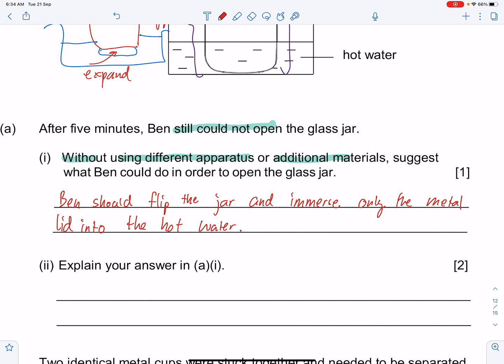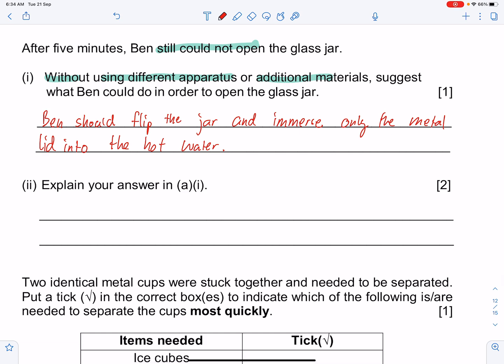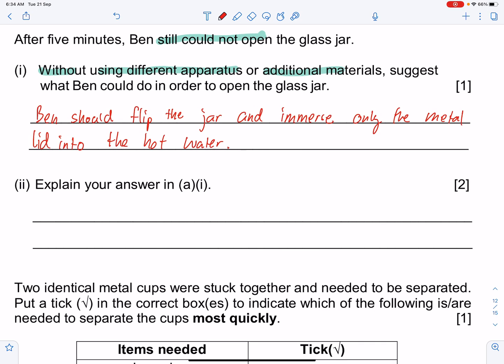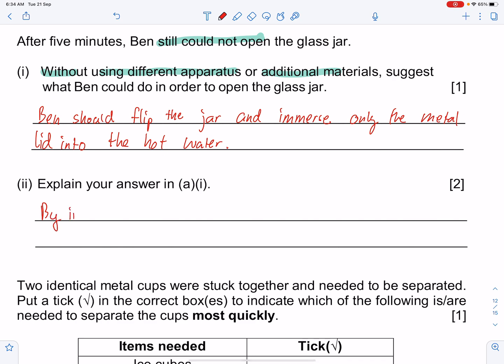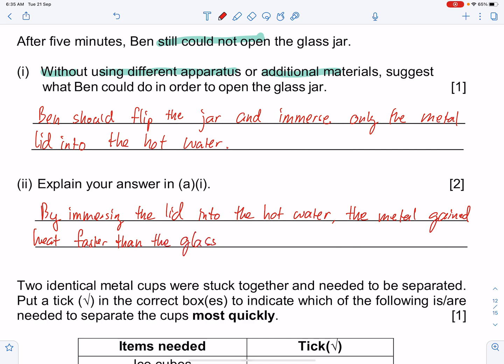Okay, so explain your answer. By immersing the lid into the hot water, the metal lid gained heat faster than the glass jar.